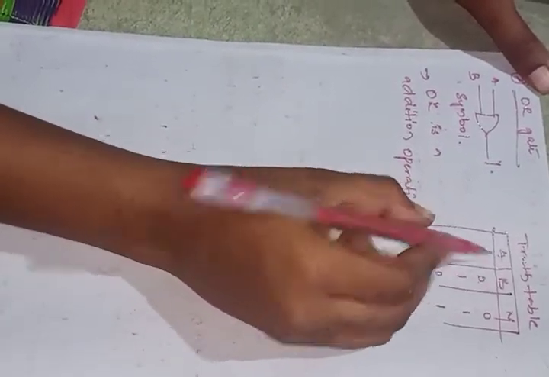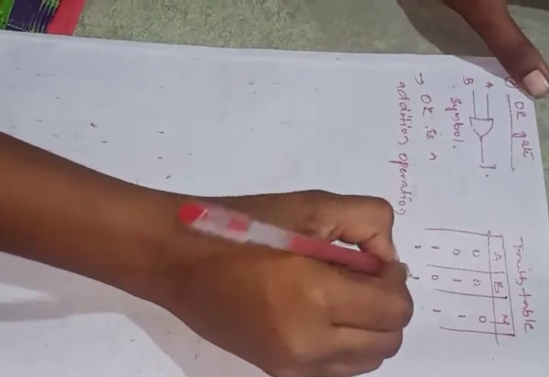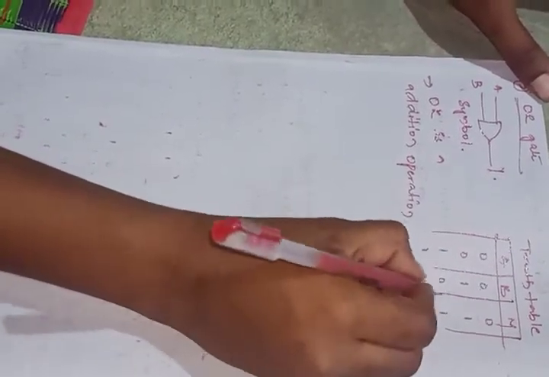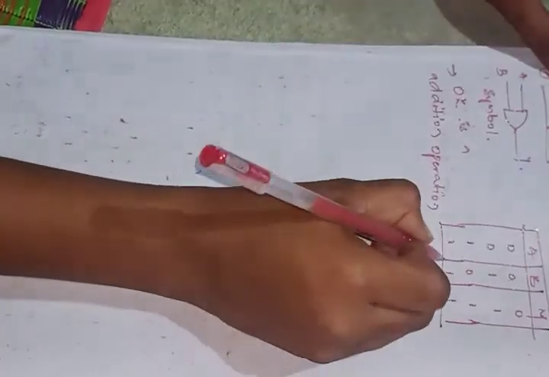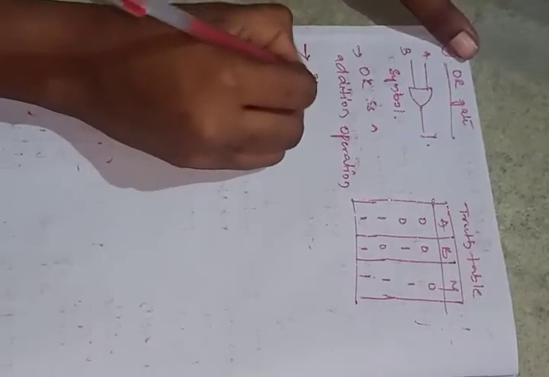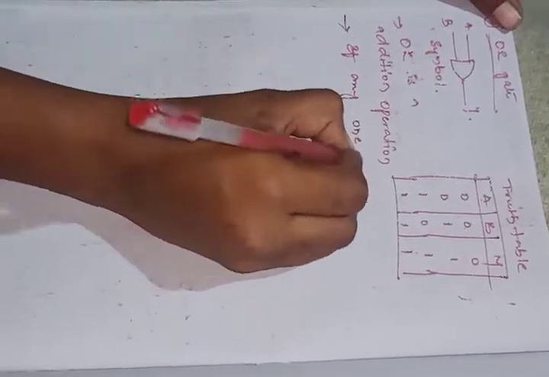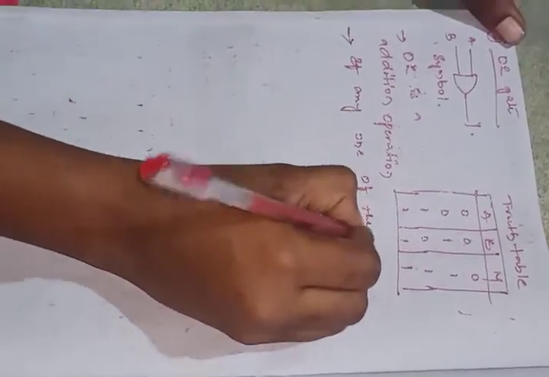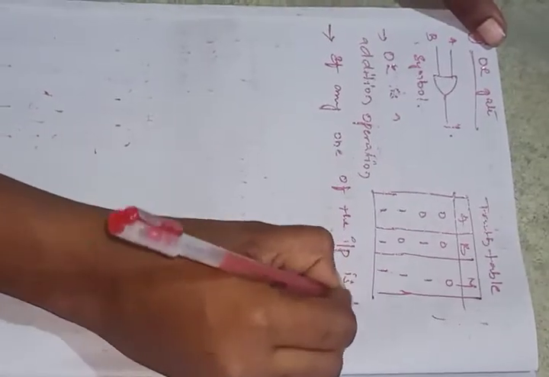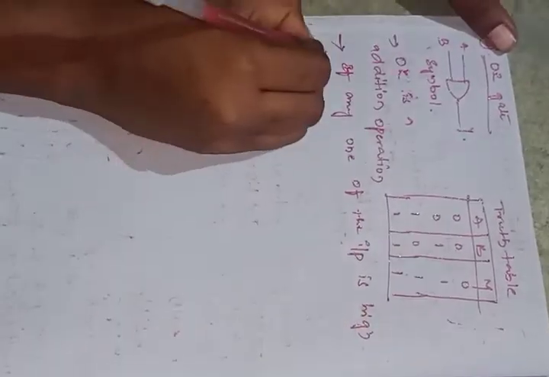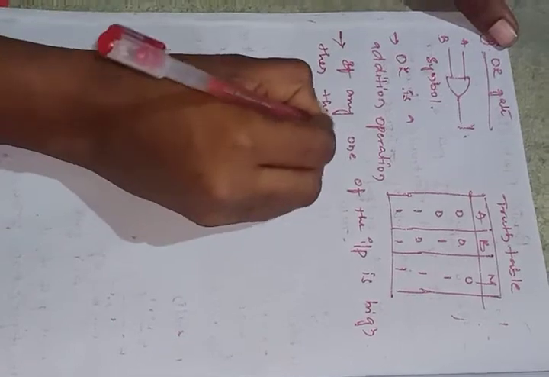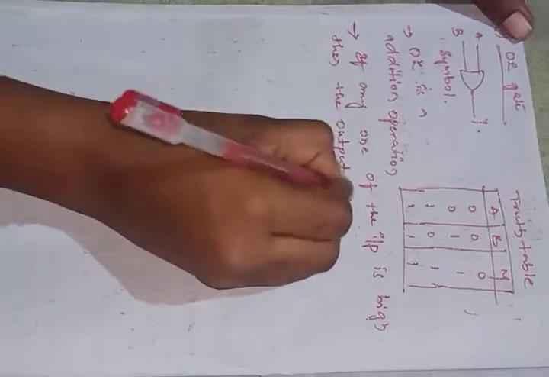If A is 1 and B is 1, here we don't neglect any carry, the output is 1. From the truth table, the definition is, if any one of the inputs is high, then the output is high.